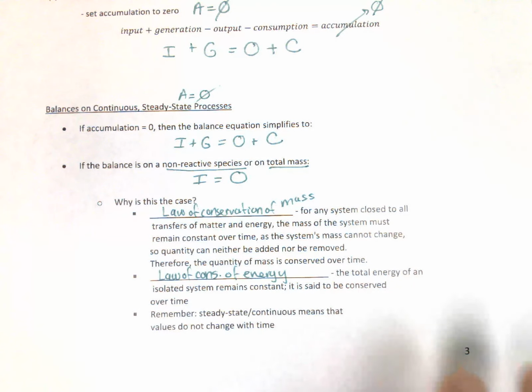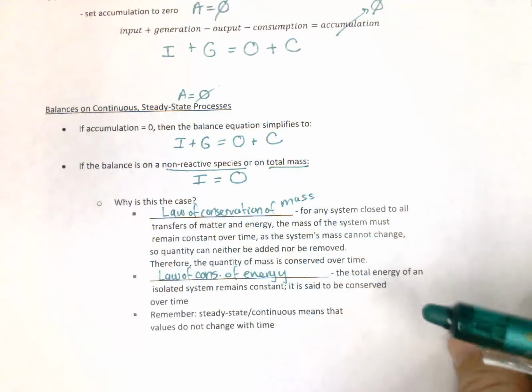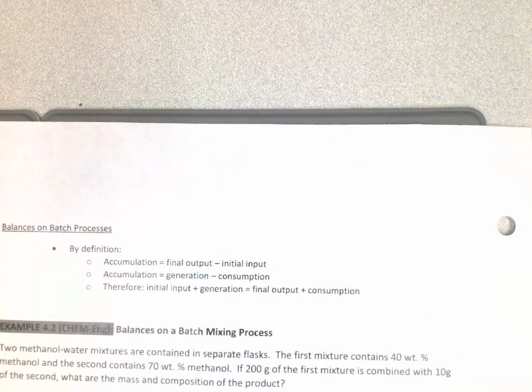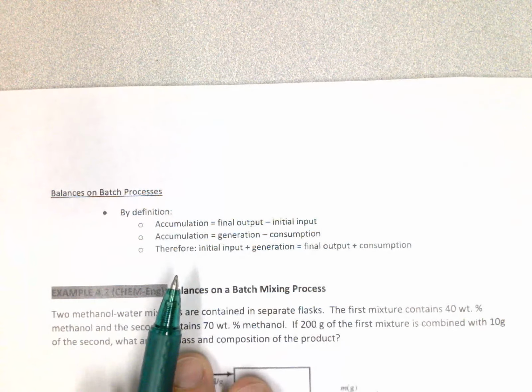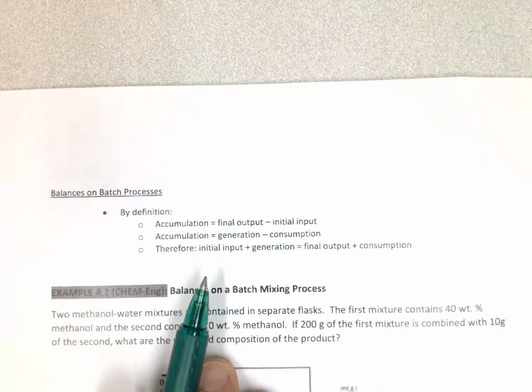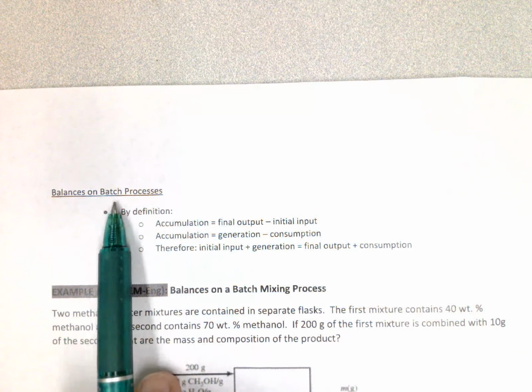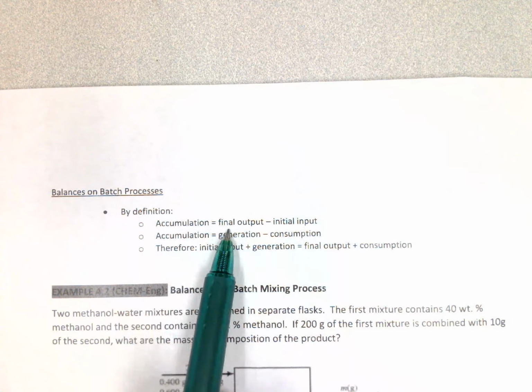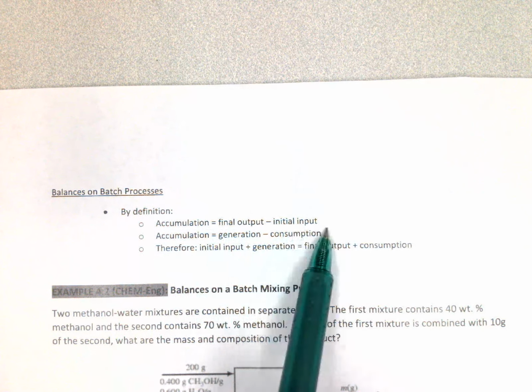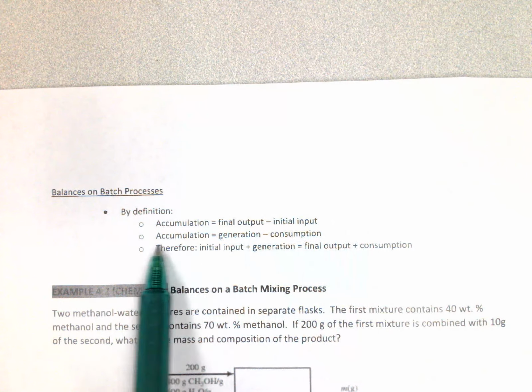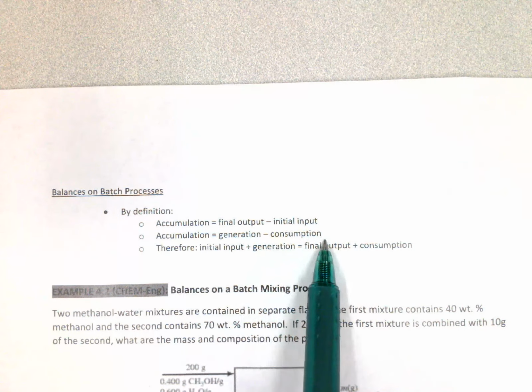Last thing to finish up on this particular lecture is balances on batch processes. By definition, for these batch processes, accumulation is going to be final output minus the initial input. And accumulation can also be generation minus consumption.